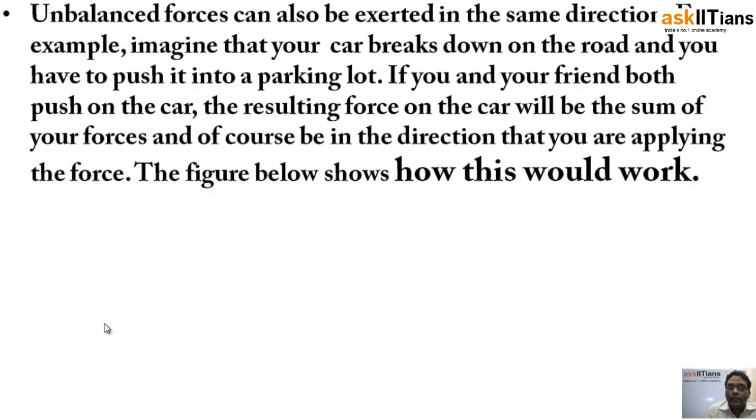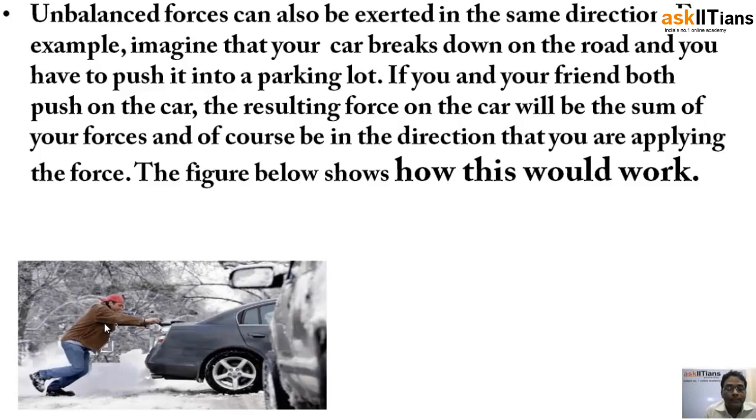Now let's take it further. Unbalanced forces can also be exerted along the same direction, and then there is going to be a net production of force. How will this work? Let's say you are trying to push your car alone, but you are unable to.